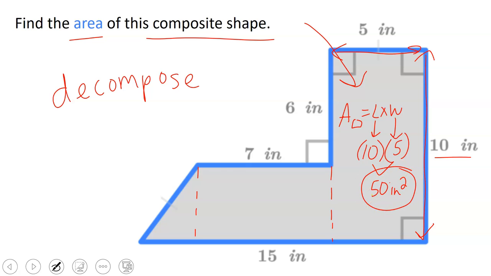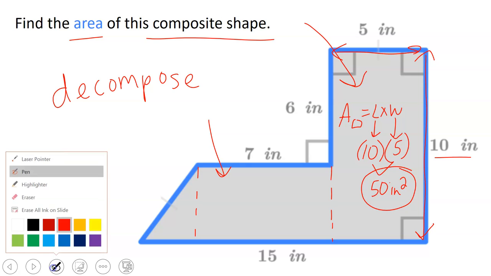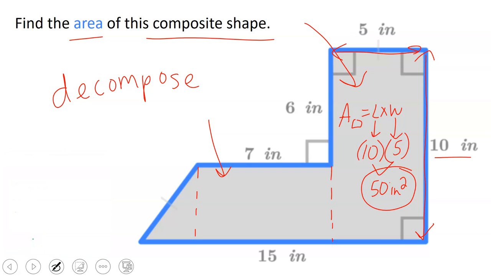Then I move on to this rectangle, and I'm going to switch colors, and I need to figure out the width and the length. So I'm going to focus first on the width. To find the width, I'm going to look at the other lines that are parallel to this line.